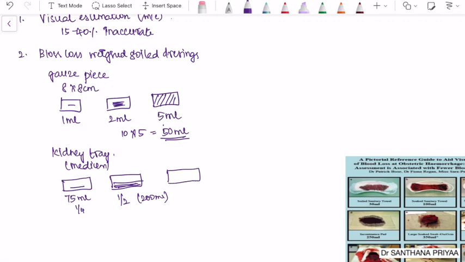Then if the medium sized kidney tray is fully soaked, it is 300 ml of blood loss. So 2 such medium sized kidney trays is equal to 600 ml of blood loss, which we define as PPH.